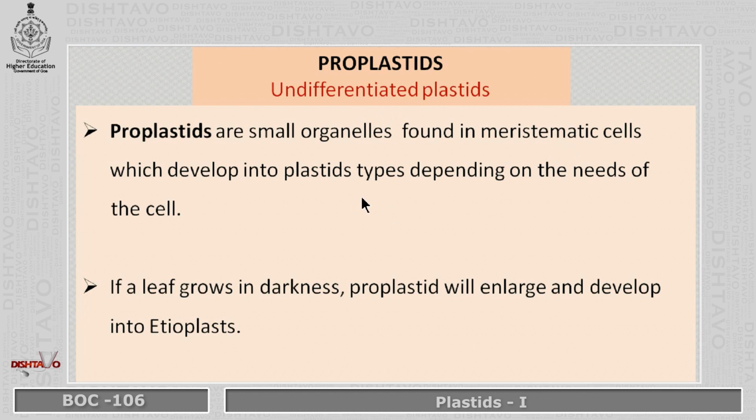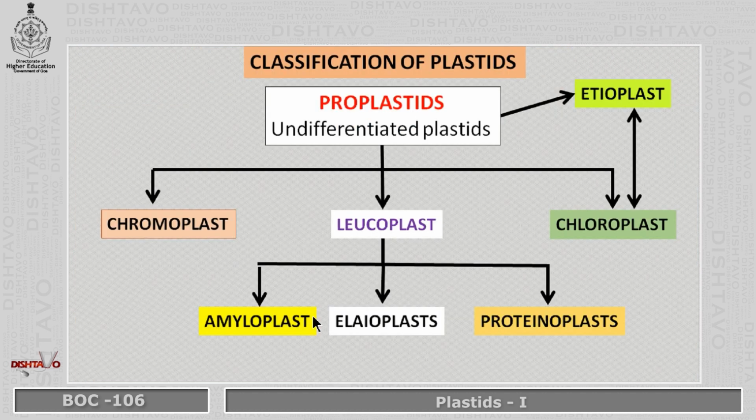Proplastids, as I said, are undifferentiated. They are found in the meristematic cells and develop into different types of plastids depending upon the needs of the cell. If a leaf is grown in darkness, the proplastid will enlarge and form an etioplast. But if there is sunlight, it will develop into a chloroplast.